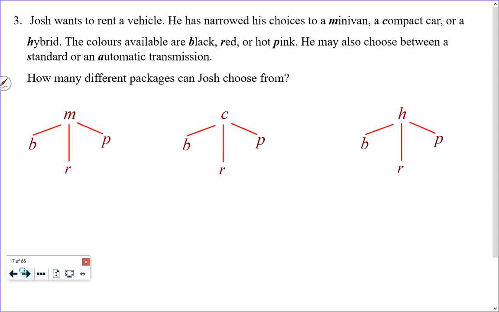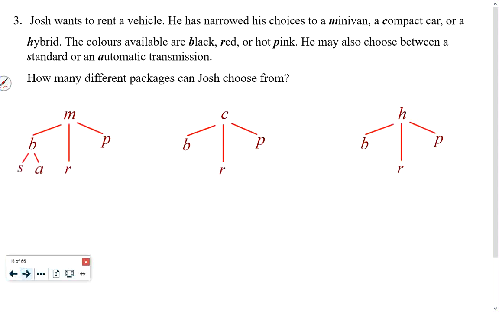But for each of these, right now, 9 options that are on the screen. There's 9 options. Minivan black, minivan red, minivan pink. Compact black, compact red, compact pink. Hybrid black, hybrid red, hybrid pink. For each of those 9 options, you have an option of automatic or manual transmission.